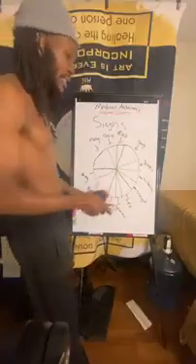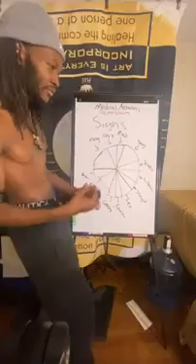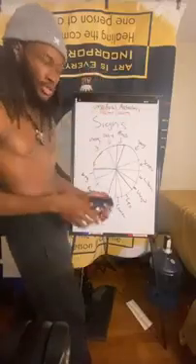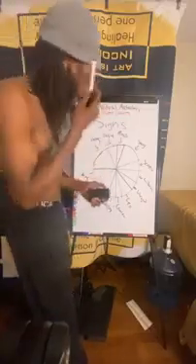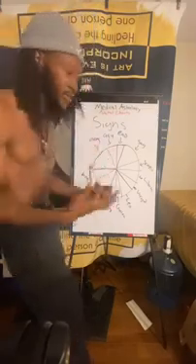Taurus is the physical, the sensual, the five senses. They love the more luxurious things in life. Gemini is about the mental aspects, but it's more about the words, communication.